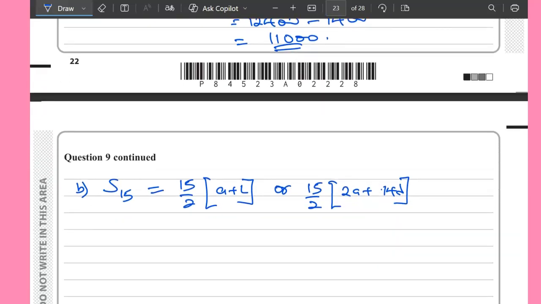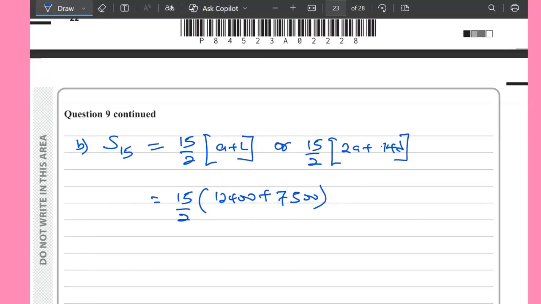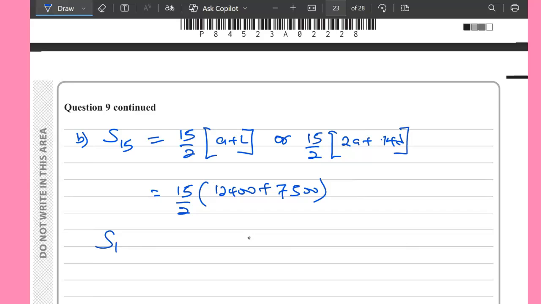Now if we use the first formula here, we'll have 15 over 2 into a, which is 12,400, plus the last term, which is 7,500, and the sum of the first 15 terms is simply equivalent to 149,250.